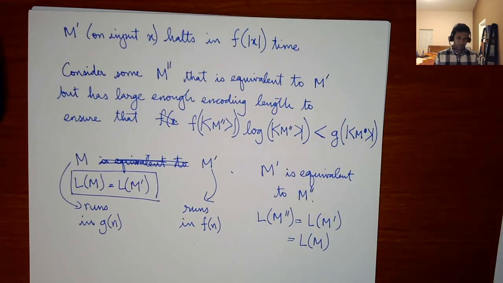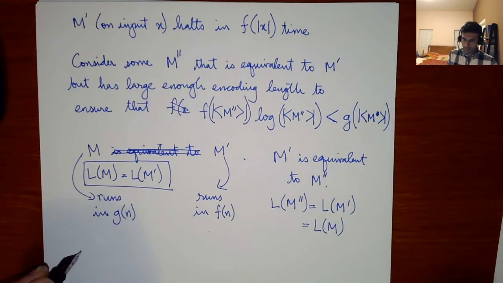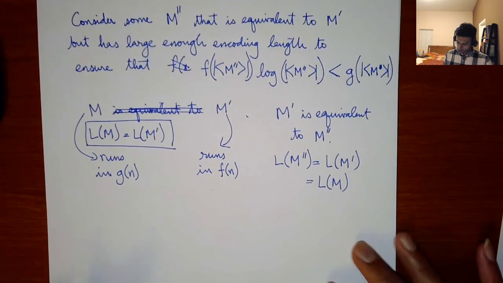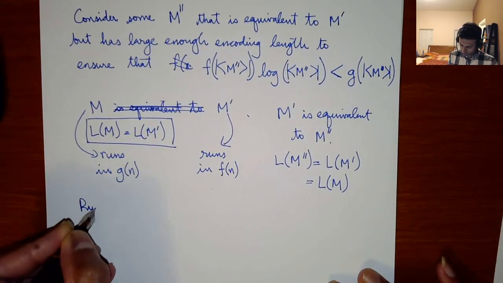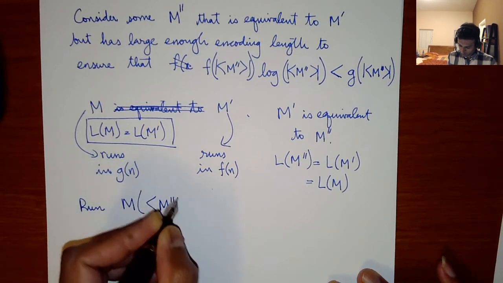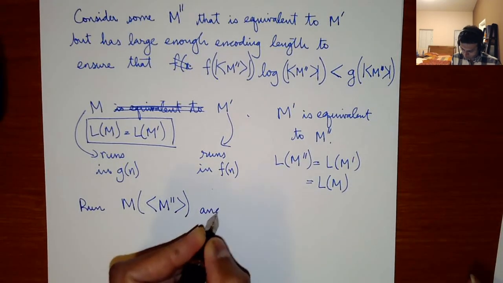All right? Any questions about where we are? Okay, so now let us run M on the encoding of M double prime and see what happens.